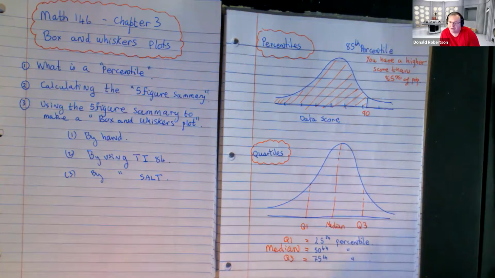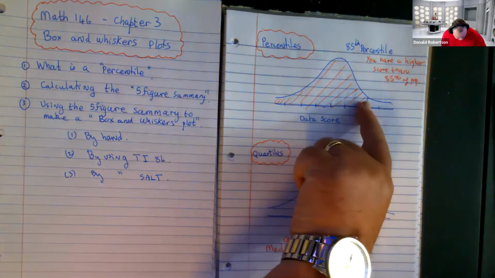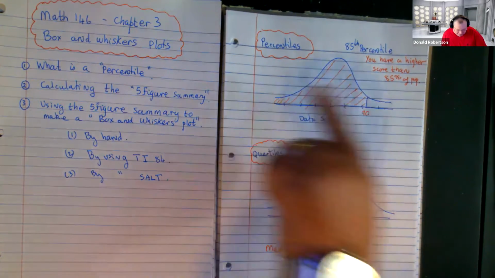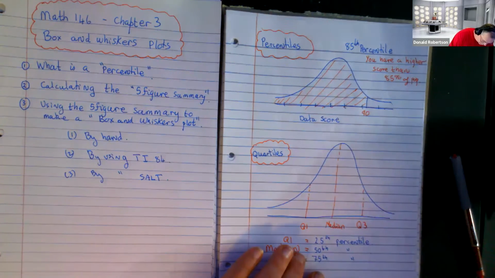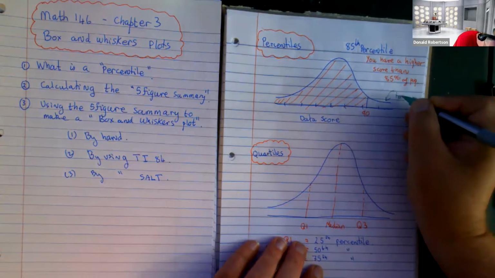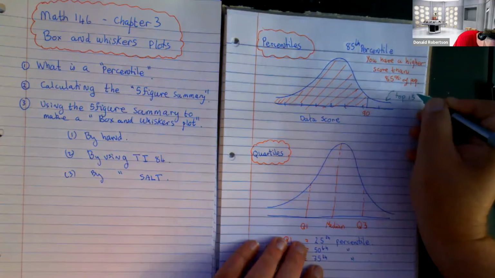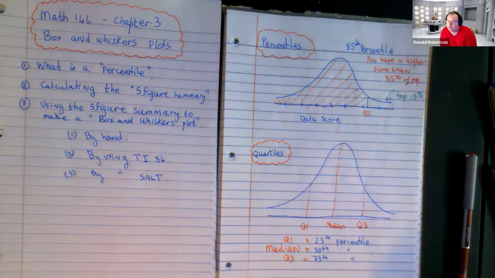Now, if you think of what an 85th percentile is doing, it's saying your score, whatever it was, is better than 85% of the rest of the population. Of course, you could look at it the other way, couldn't you? The 85th percentile is just another way of saying you're in the top 15%. Would you agree? It's just a different way of looking at the same piece of information.